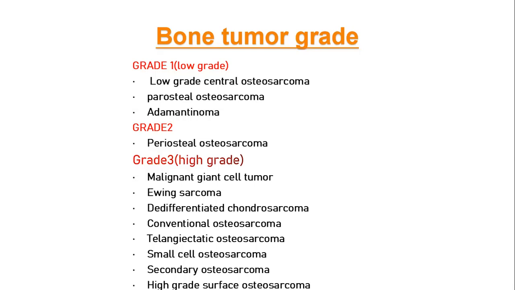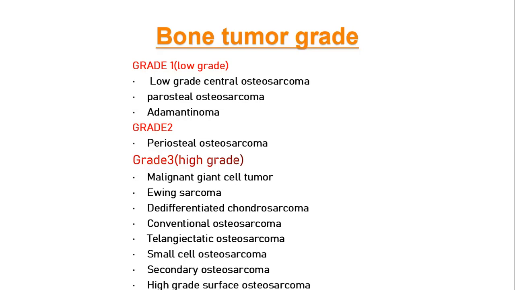With this, we have the malignant giant cell tumor, Ewing sarcoma, differentiated chondrosarcoma, conventional osteosarcoma, telangiectatic osteosarcoma, small cell osteosarcoma, secondary osteosarcoma, and the high-grade surface osteosarcoma. So in the high grade, we only have the malignant forms of tumors.